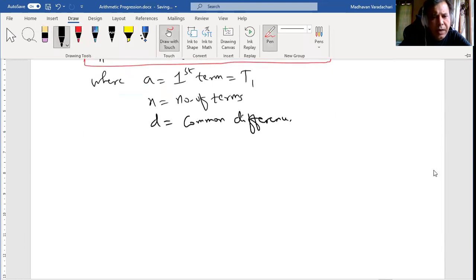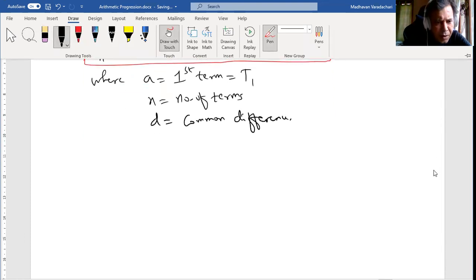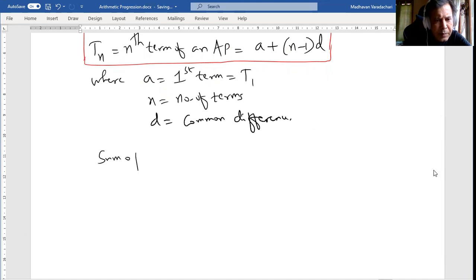Now we'll understand about the sum of the first n terms of an arithmetic progression.